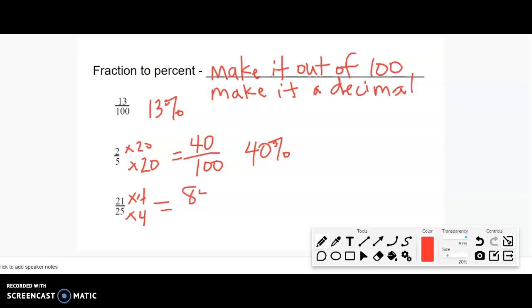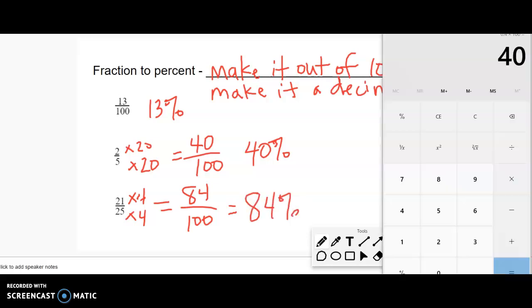So then I get 84 out of 100, which is going to be 84%. Or 21 divided by 25, I have my decimal. However many hundredths that is, that's going to be the percentage. Okay?